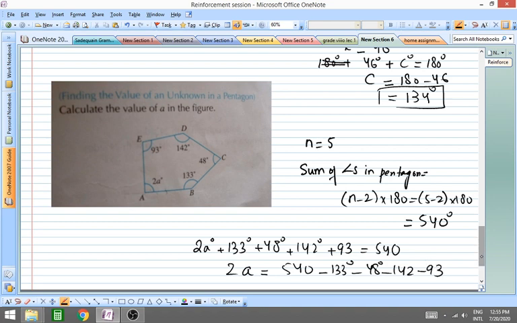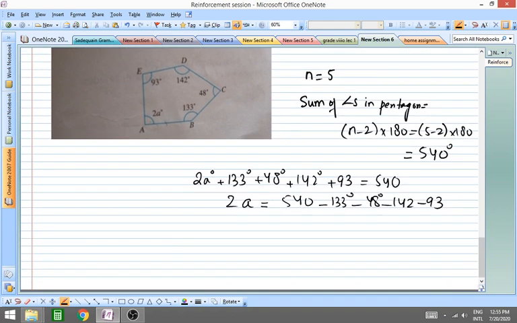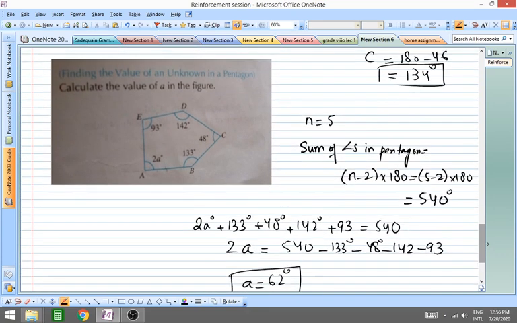So that is a linear equation, and by making a the subject, one must conclude that your a would be 62 degrees. So that was our another example in which we have found the value of an unknown variable.